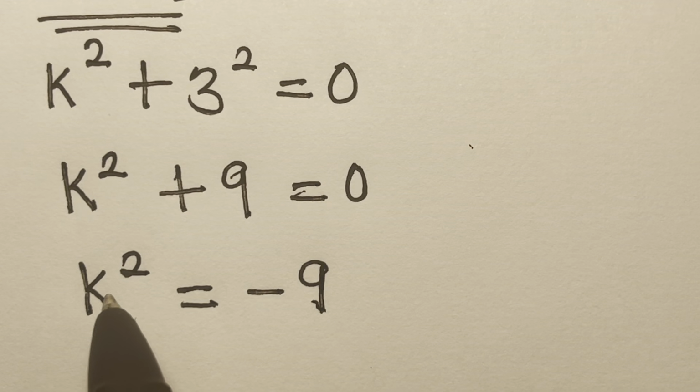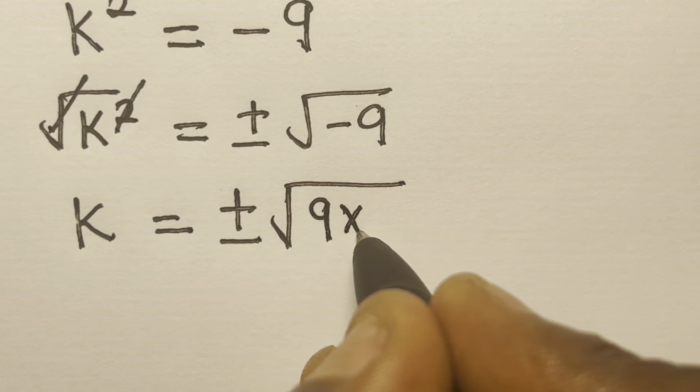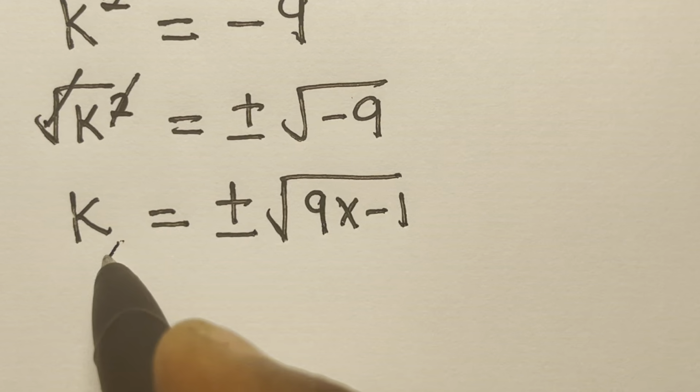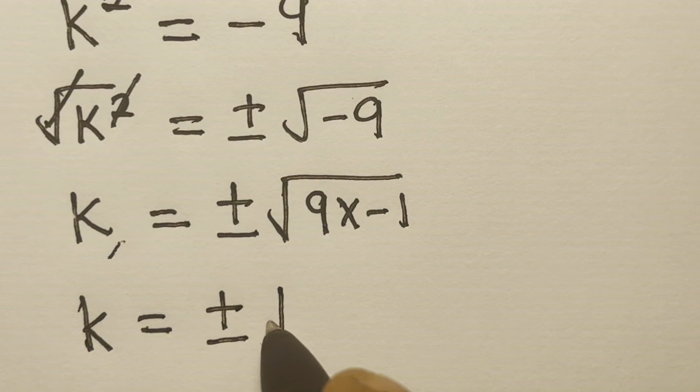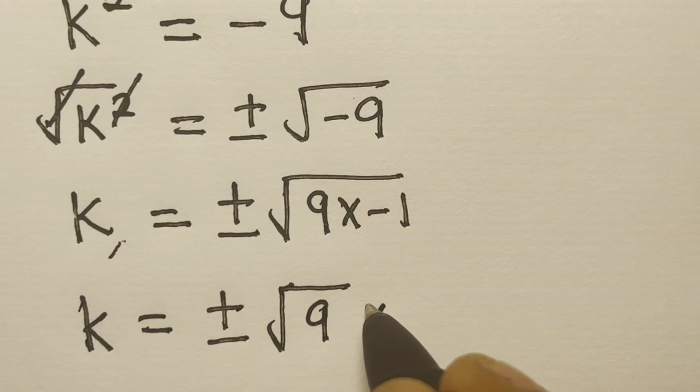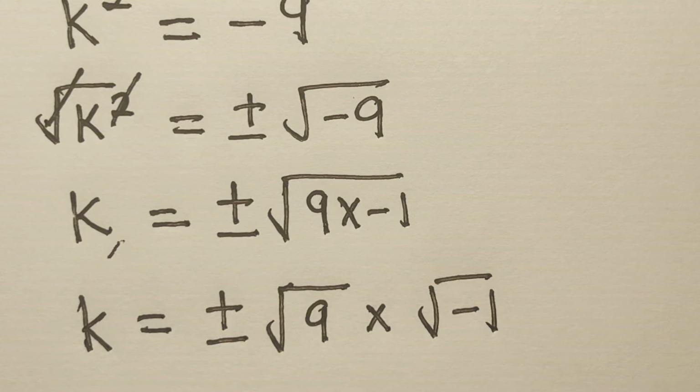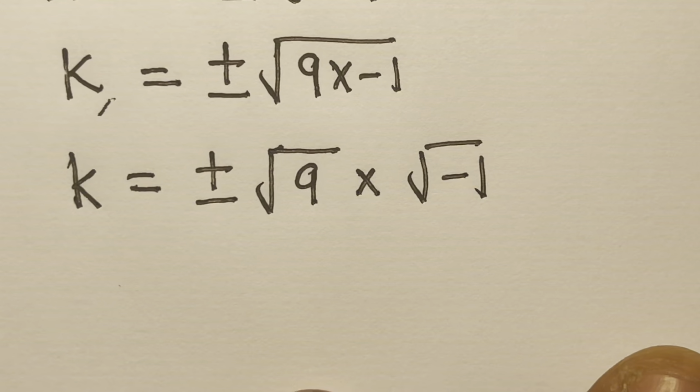Okay, so we know this, we cancel this, so we have k equals plus or minus square root of minus 9, which can be expressed as 9 times minus 1, right? So we have k equals plus or minus square root of 9 multiplied by square root of minus 1. But let's recall from our complex number that our I, which is our iota, equals square root of minus 1, right? So we have k equals plus or minus, square root of 9 is 3, right?